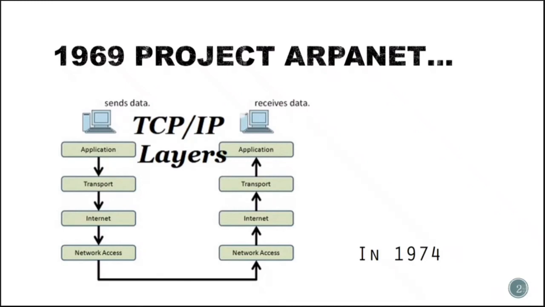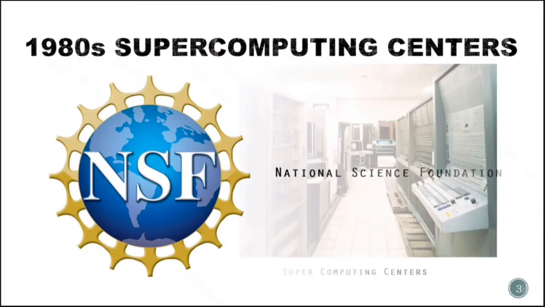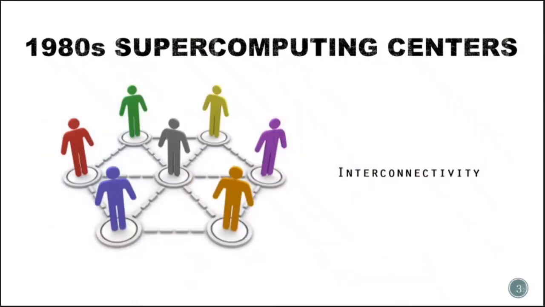In 1974, the Transmission Control Protocol and Internet Protocol, the two protocols of the Internet Protocol suite, were achieved. After this great achievement, supercomputing centers were founded in universities in the 1980s. In the early 1980s, the National Science Foundation (NSF) founded national supercomputing centers at several universities in the United States.